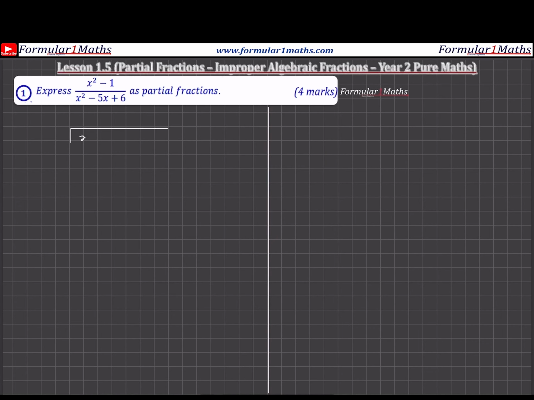So I've got x squared plus 0x minus 1 divided by x squared minus 5x plus 6. So x squared times what will give me x squared, and that will be 1. So now I multiply 1 by the divisor, and I'm going to get x squared minus 5x plus 6. And then I'm going to do my subtraction.